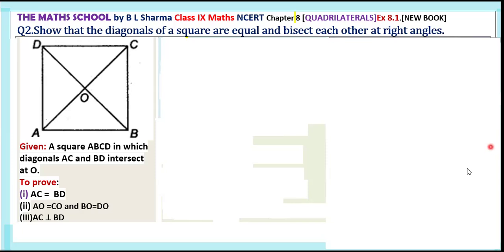For the first part, see, in triangle ABC and triangle BAD, see, triangle ABC and triangle BAD, this one. We are taking the two triangles and will prove the two triangles congruent.